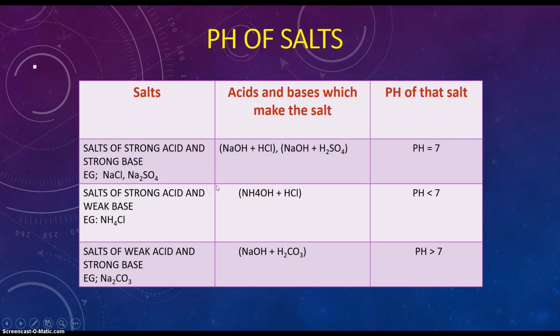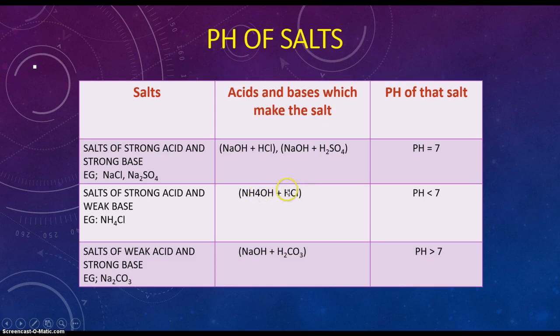Now let's move on to the second salt. If I take a salt like ammonium chloride NH4Cl, it can be made of ammonium hydroxide and hydrochloric acid. So if I take NH4Cl salt in water, it would give you NH4OH and HCl. NH4OH, ammonium hydroxide, is a weak base, but HCl, hydrochloric acid, is a strong acid. So the strong acid would completely neutralize the weak base, right?